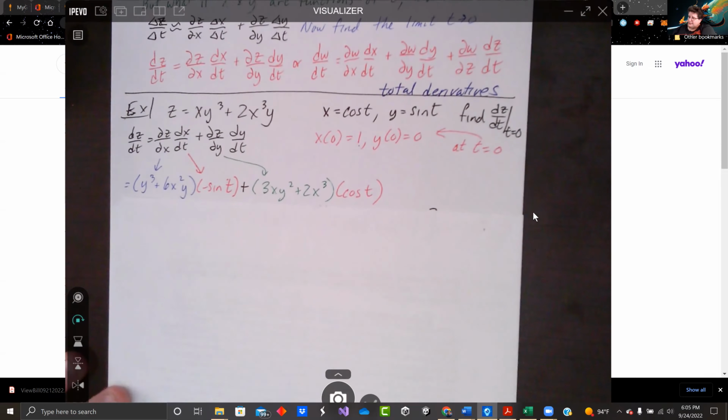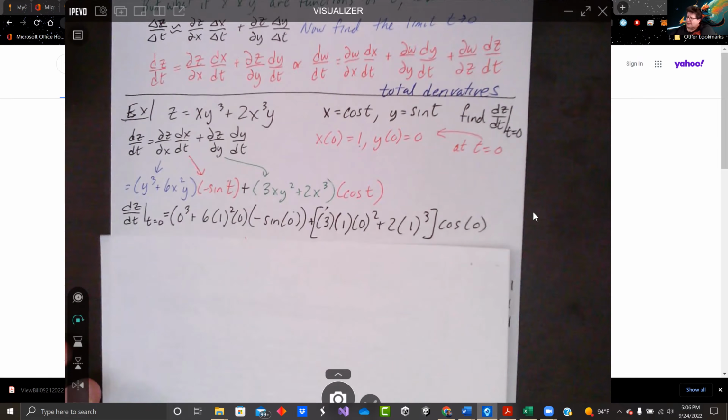The partial of z with respect to x is y cubed plus 6x squared y. And then our dx dt is negative sine t. And then the partial of z with respect to y is 3xy squared plus 2x cubed. Then the derivative of y with respect to t is just cosine t.